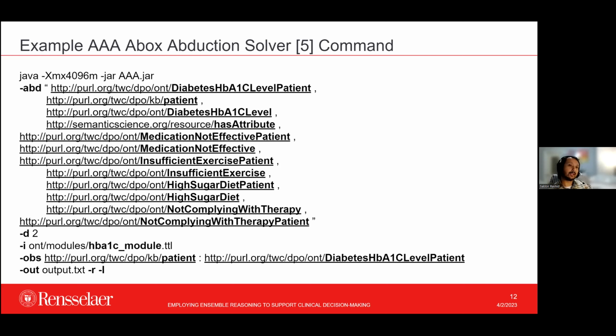So just real quick, it's taking abducibles, which are concepts in the ontology and knowledge graph to limit the scope of the reasoning, just to constrain it further so it doesn't reason over all possible concepts. And then you can provide the ontology and the query. So we're looking for an explanation for why a patient is a diabetes HbA1c level patient.